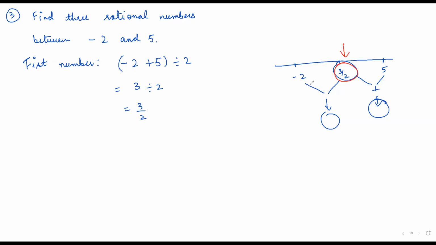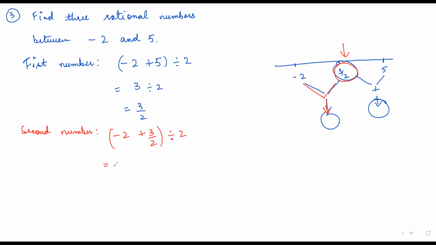Now I'm going to add these two, -2 and 3 by 2, so that I can get a number between them, right? So the second number will be -2 plus 3 by 2 and then divided by 2. Understood?